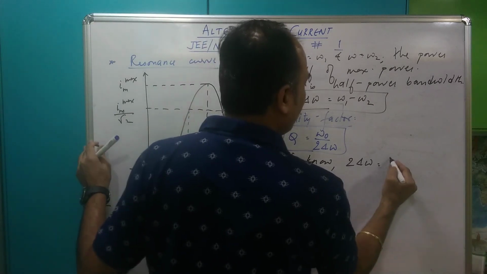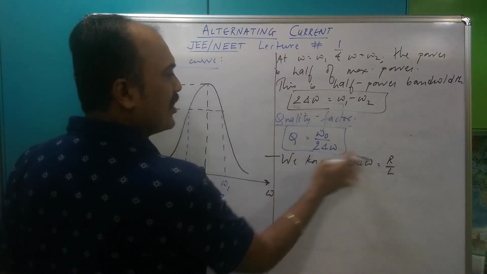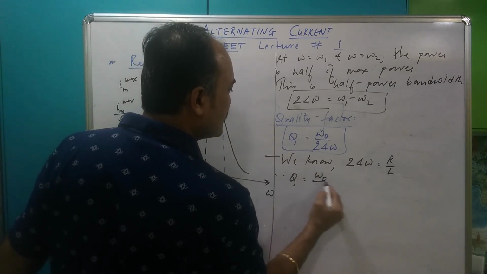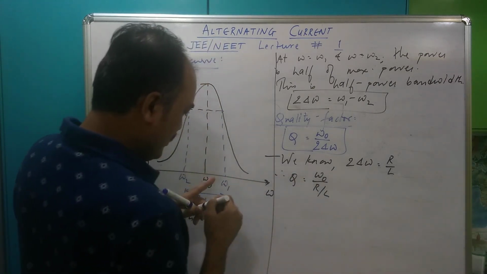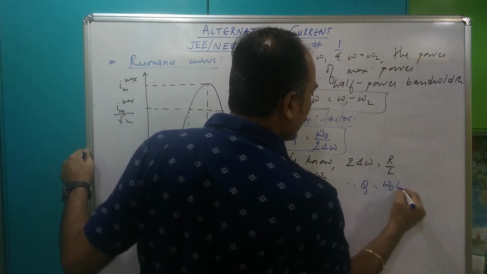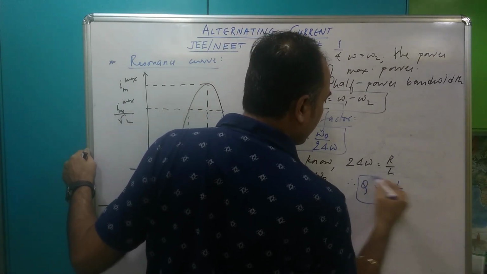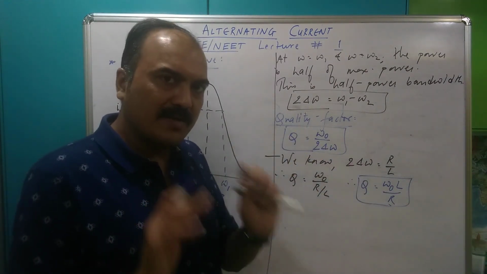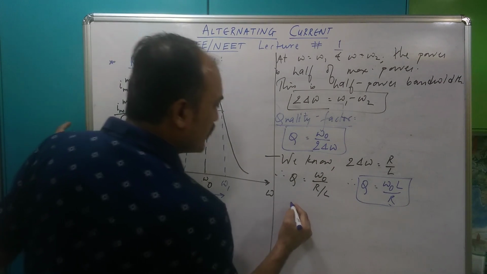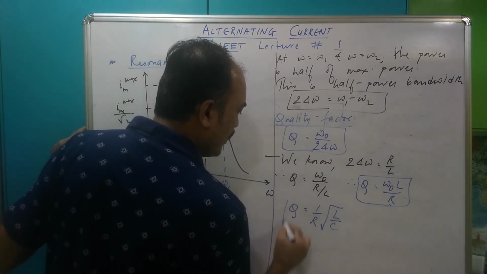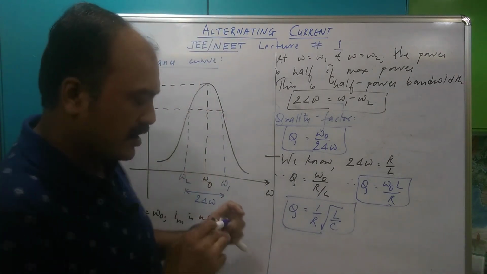R by L. So 2 delta omega की जगह R by L लगाओ तो मुझे मिलेगा Q is omega 0 over R by L, which would give me a lovely equation. Q is omega 0 L by R. Omega 0 क्या वैल्यू भी हमको पता है, 1 by root of LC. If I put that, I'll get Q is 1 by R root of L by C.